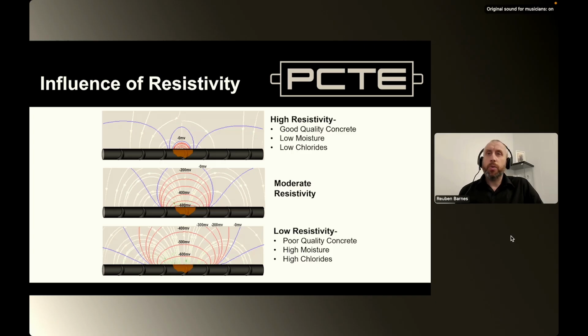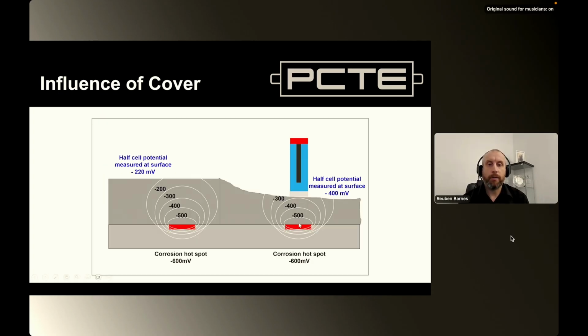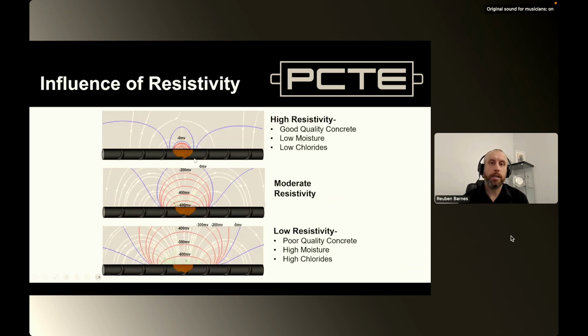So resistivity, we'll talk more about resistivity later on, but effectively it's the conductivity of the concrete itself. So above here we had our field, we effectively had a constant resistivity. In this case, we could have a high resistivity, and that tends to not allow that electrical field to expand into the concrete itself.